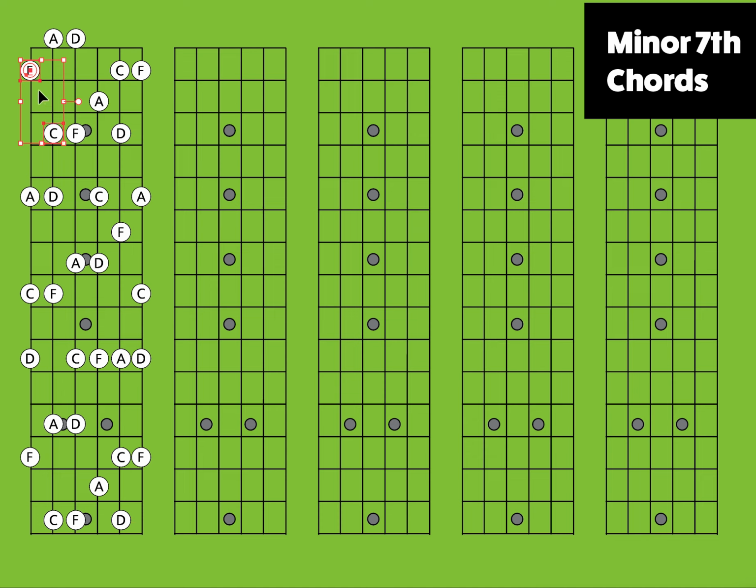We have an F to C here, and if you know your five chords or your power chords, that means we've got F to C and D to A as part of the chord. So these two together make up the minor seventh chord. Obviously you're not going to play these all together, but it just gives you options, understanding, and vision as to what you're going to do with it.